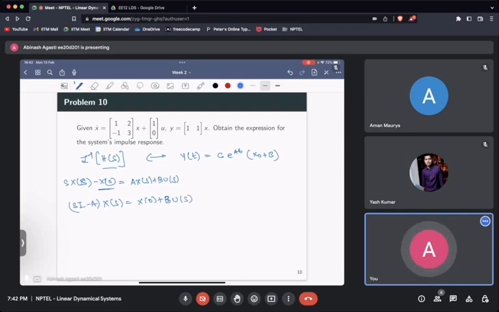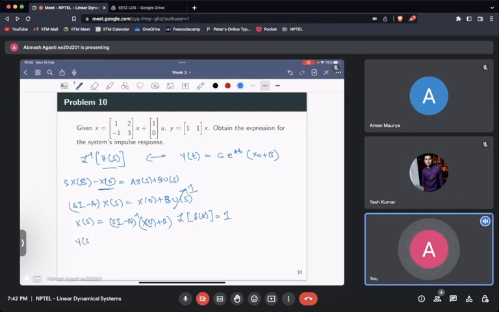If u equal to delta, then U of s is just 1, because the Laplace transform of an impulse is equal to 1. Then we have X of s equal to (sI minus A) inverse times (x naught plus B).